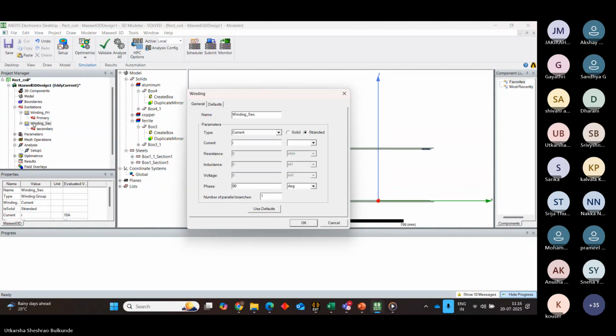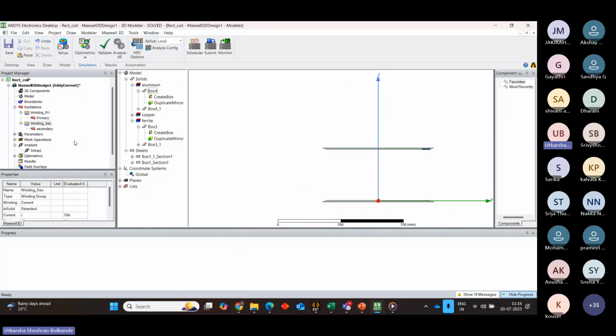Current, standard, right, 90-degree. Let's see the field.